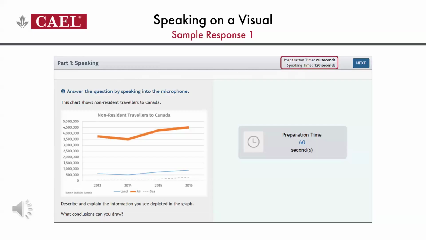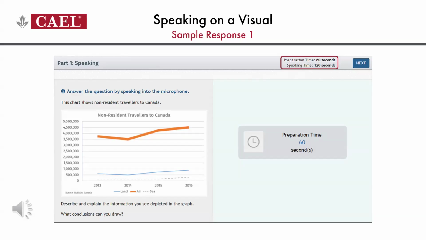Based on the graph, there are more and more travelers coming into Canada within the last 3 years. And most of them seem to be taking the plane to come here. Interestingly, there's also a drop in travelers in the middle of 2014, but it seems to have picked up after that. It'd be interesting to know why there was a drop.